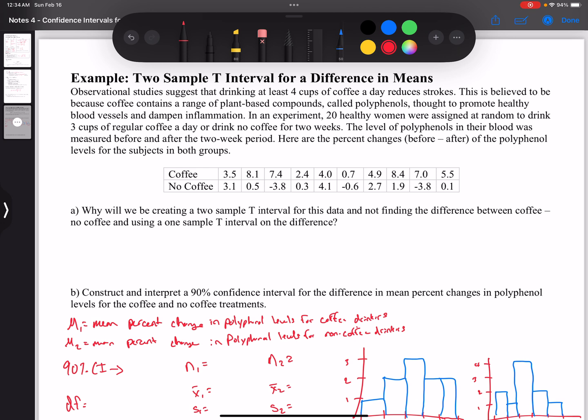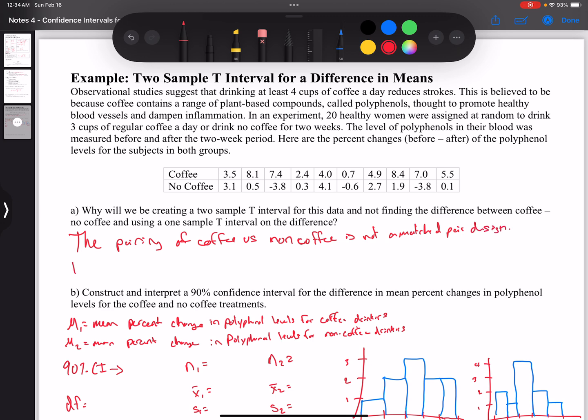Okay. All right, well, this comes down to how things would be paired up. There were no pairings going on. So the pairing of coffee versus non-coffee is not a matched pair design.